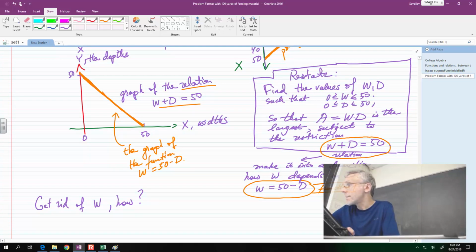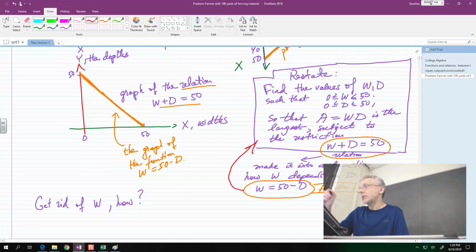We want to use the function. So we take our function like this and bring it into our problem, and every time we see W, we just replace it with 50 minus D. The operation is known as substitution.